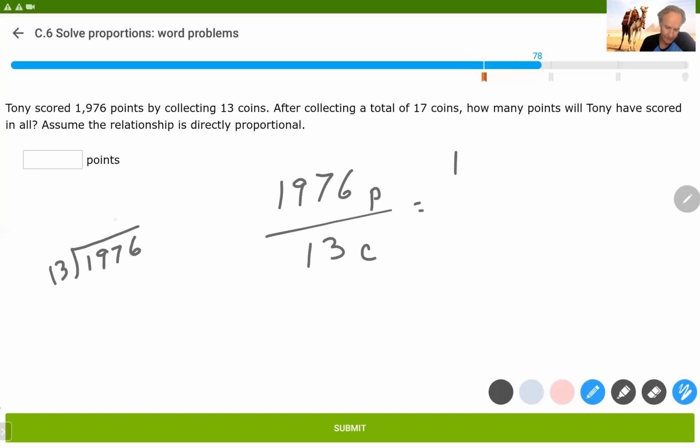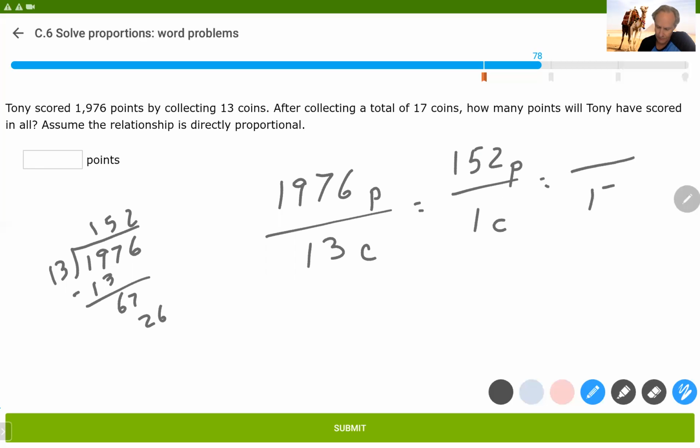Might as well get my division out of the way. 13 into 67, 5 times. There we go. And we have 26 left. So 152 points per 1 coin. And we want for 17 coins. So we obviously multiplied by 17.